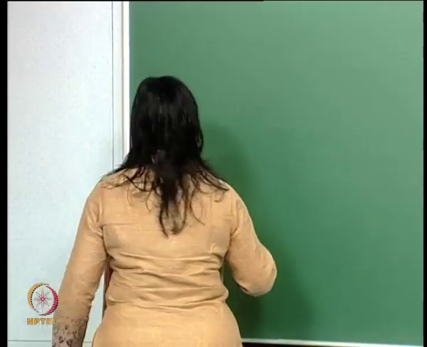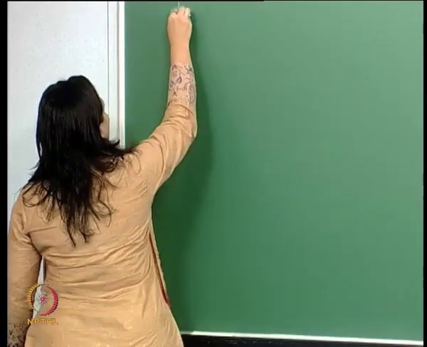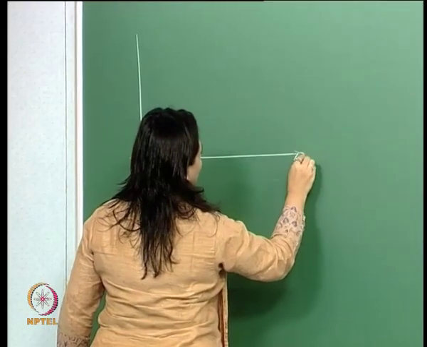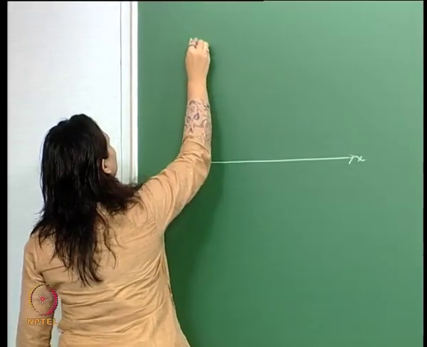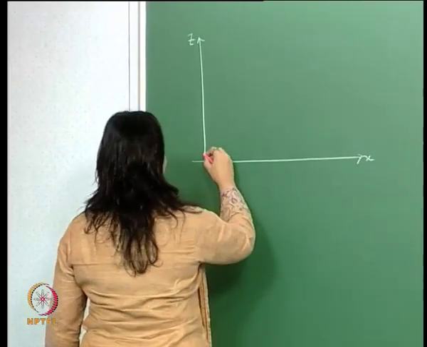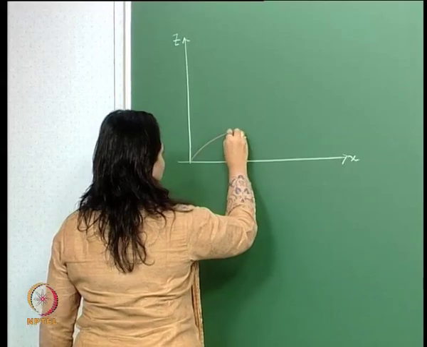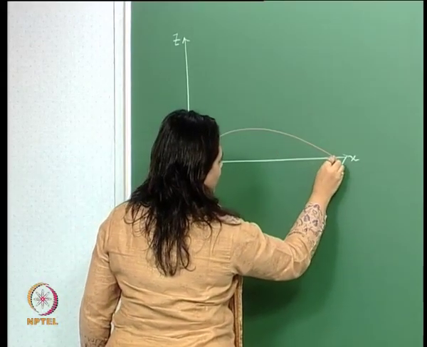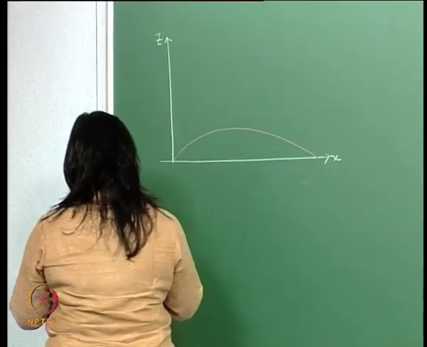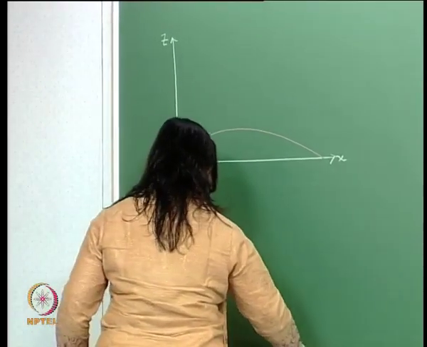So essentially, if I were to do this again, this is the camber line that we are looking at.